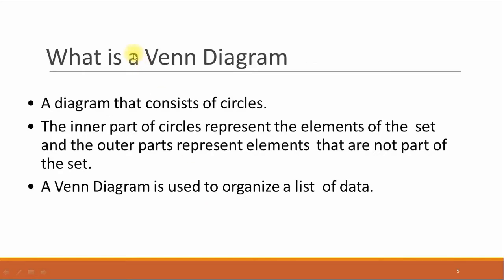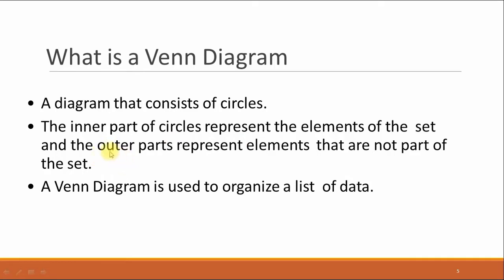Now, what is a Venn diagram? A diagram that consists of circles. The inner part of the circles represents the elements of the sets, and the outer parts represent elements that are not part of the set.